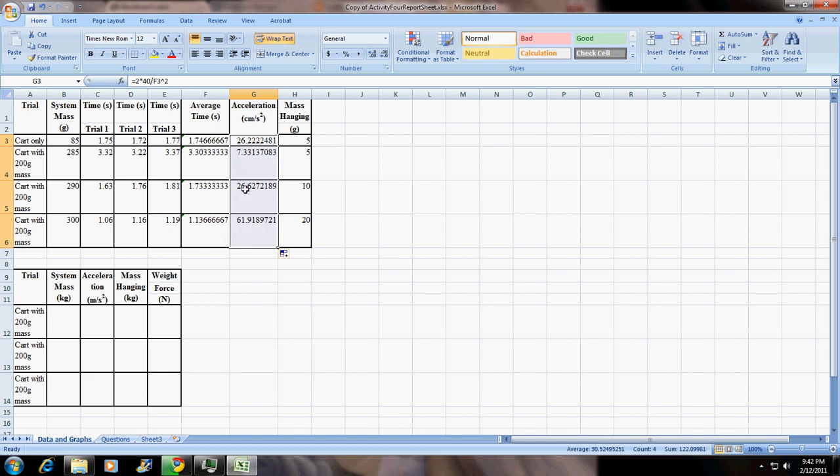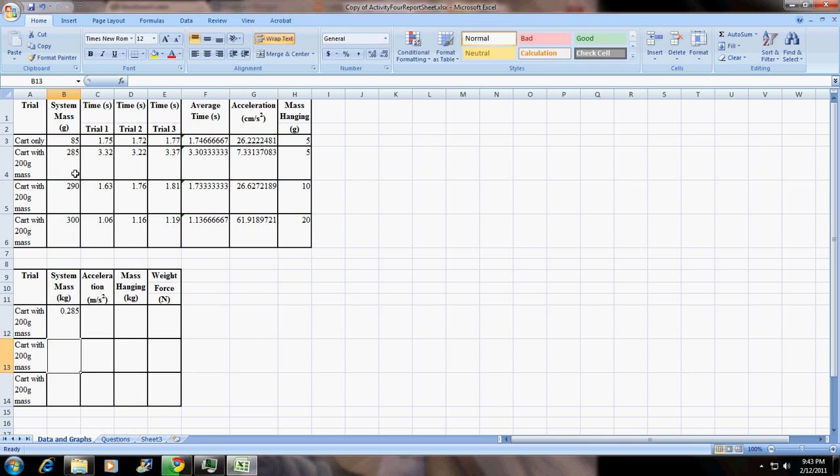Now what I'm going to use here in the second table is the values where I had the masses added, and I have 3 of those, and I have 3 sets here. The first thing it says is the system mass in kilograms. To calculate that, I need to divide grams by 1,000. So I'm going to click here and put an equal sign because I'm doing a calculation. I'm going to click on the first mass with 200 grams and divide that by 1,000.